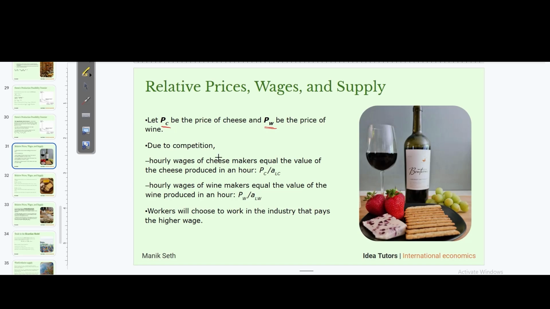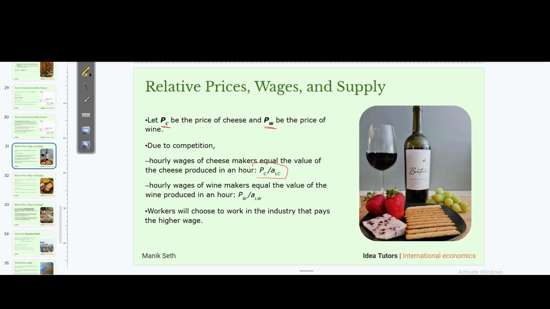Due to competition, hourly wages of a cheese maker equal the value of the cheese produced in an hour. Hourly wage always depends on the productivity of the labor. This is assumed, but we are assuming that due to competition, the hourly wages are equal to the productivity.